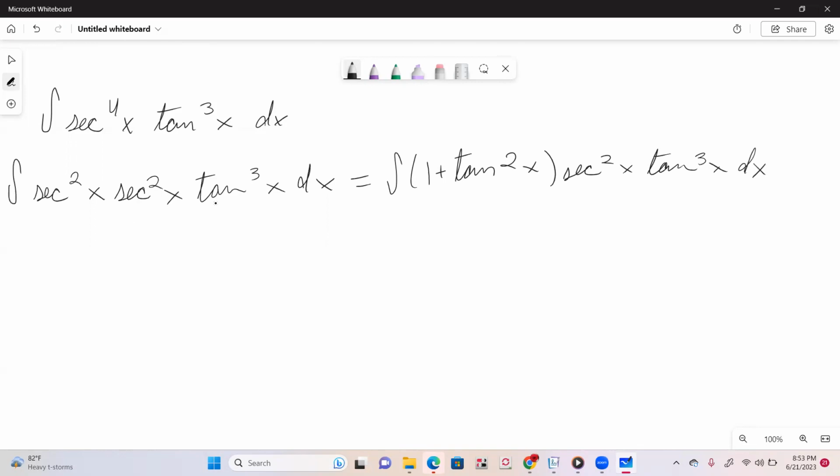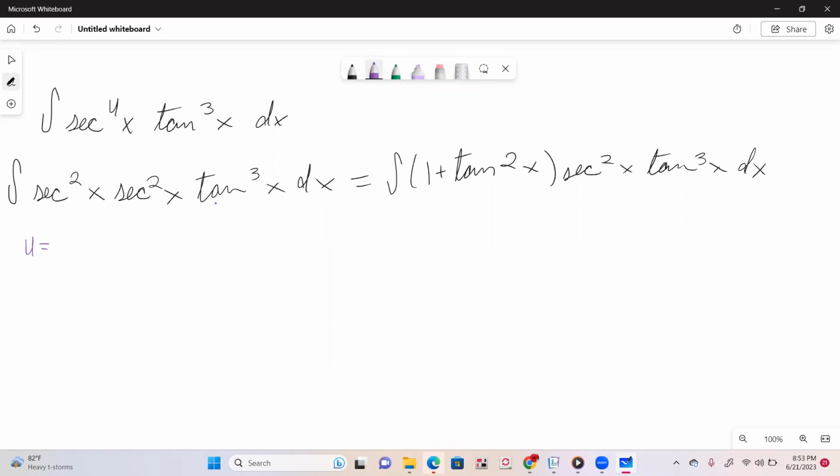Now you might be wondering why I left this secant squared x here, and it's because now I'm going to be substituting the tan, right? Because remember, when you substitute, you have to find what your du is, and when you differentiate tangent, it is going to be equal to secant squared x. So that's going to end up canceling out.